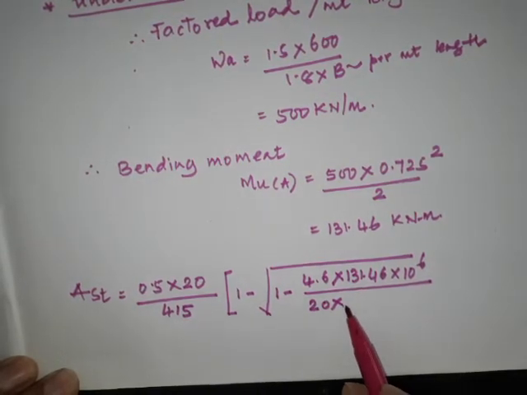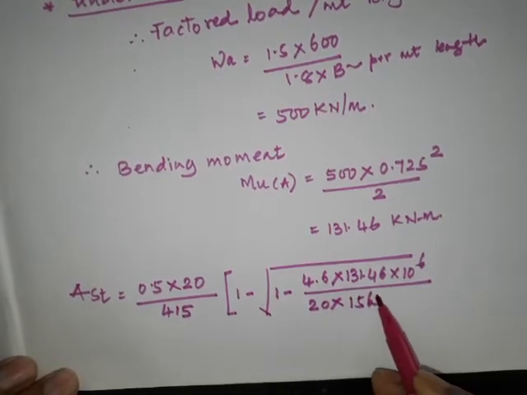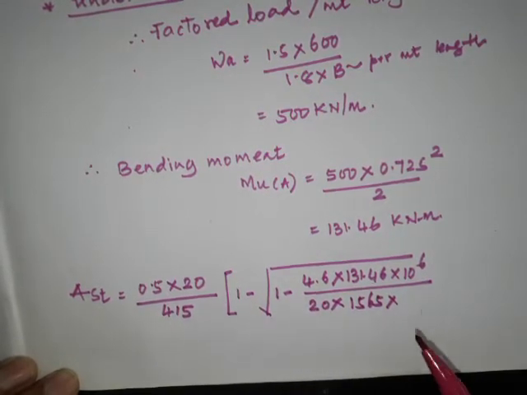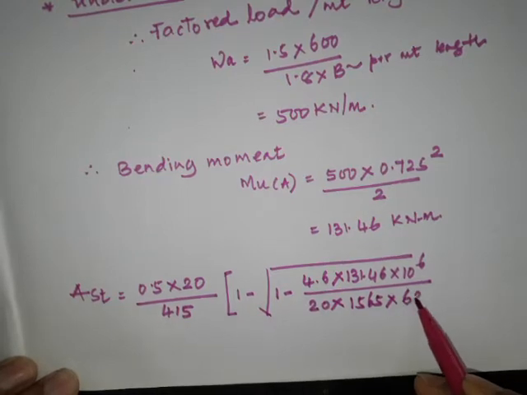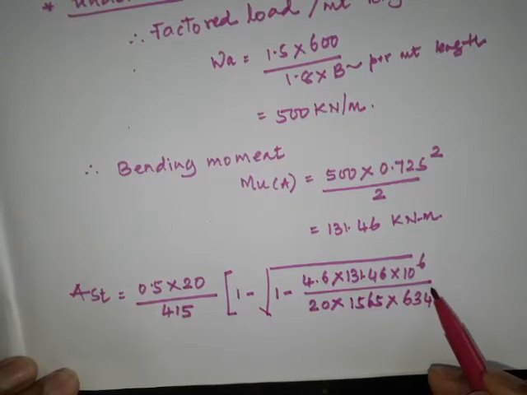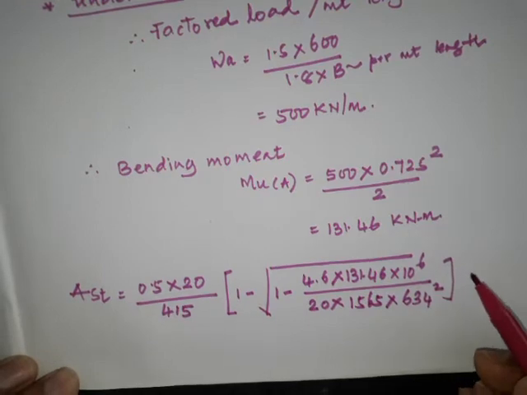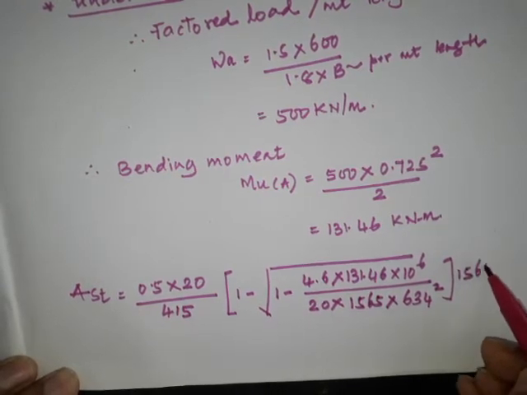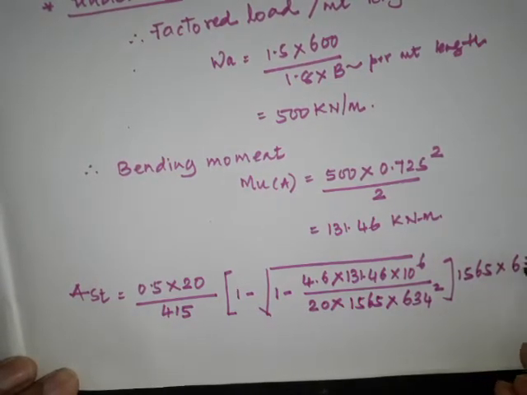And the width of strip B is here, the width of strip is 1.565 into D. So D we have to take as 634 square, into 1565 B D, 634. So D again here.